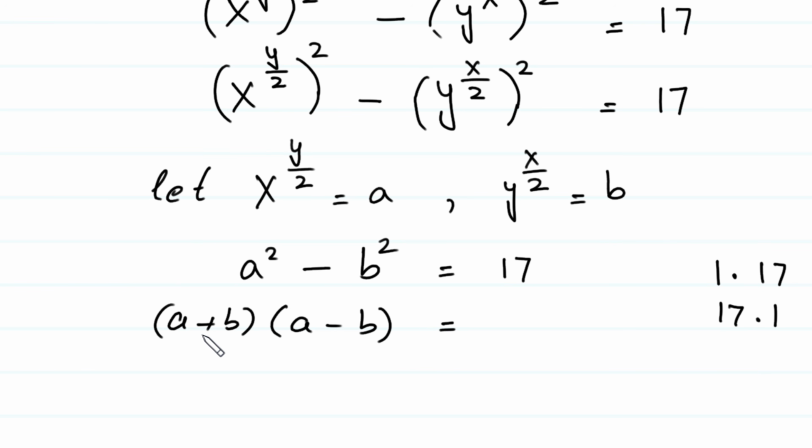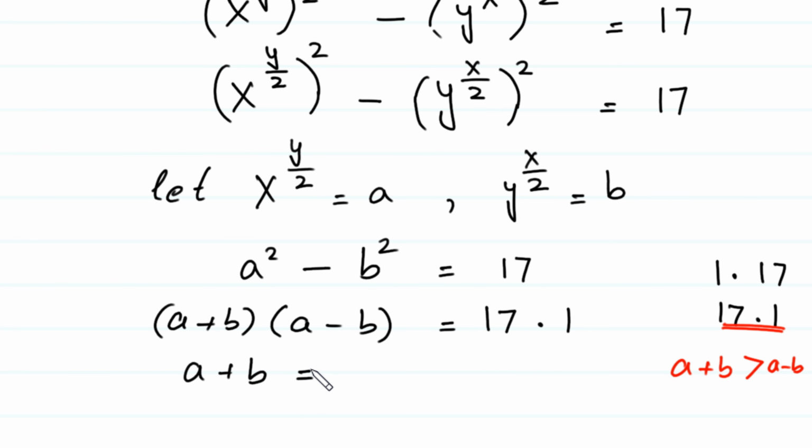Now if a and b are two positive numbers, then a plus b is always greater than a minus b. So we factorize this 17 as 17 times 1.